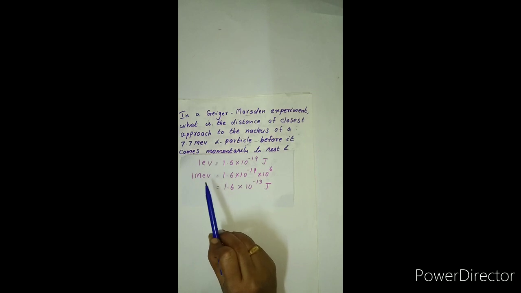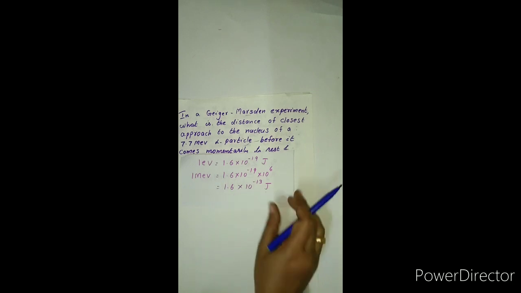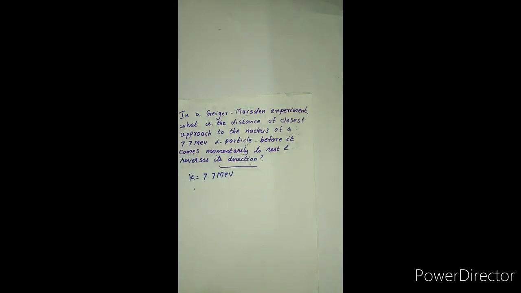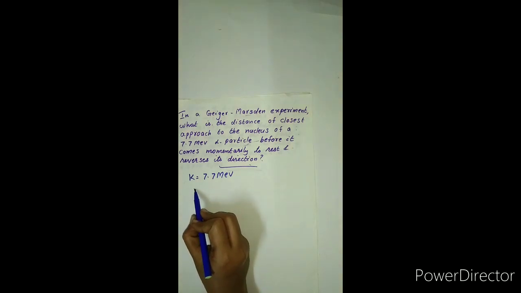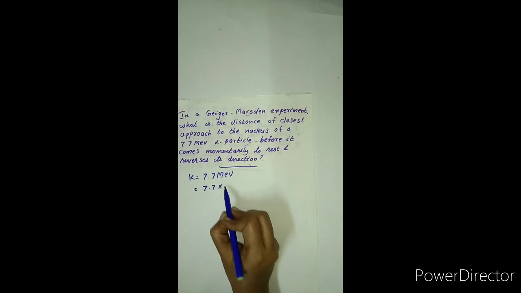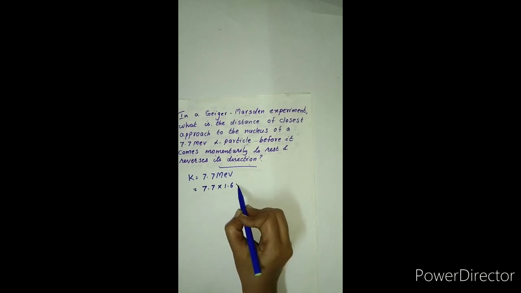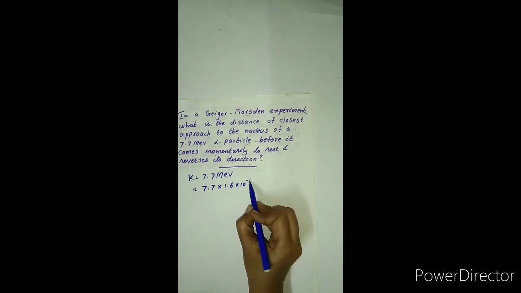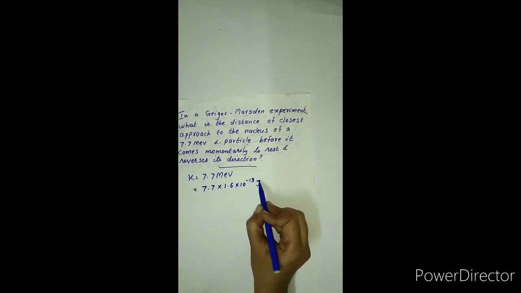Converting mega electron volt into joule, 7.7 mega electron volt equals 7.7 into 1.6 into 10 raised to minus 13 joule.